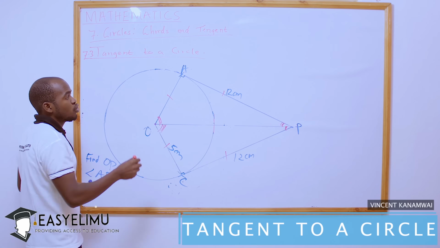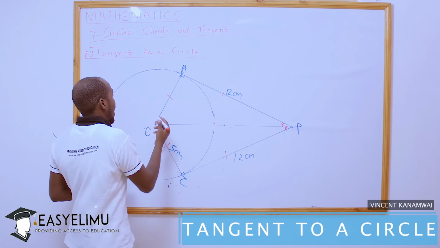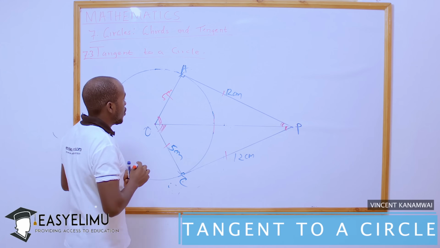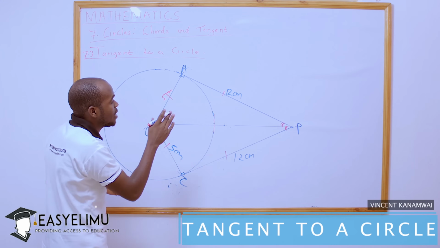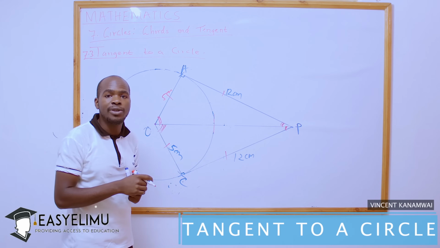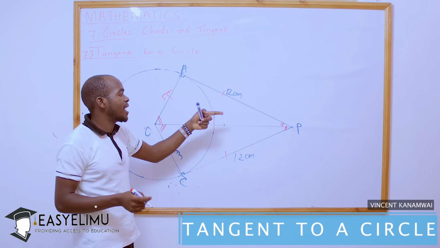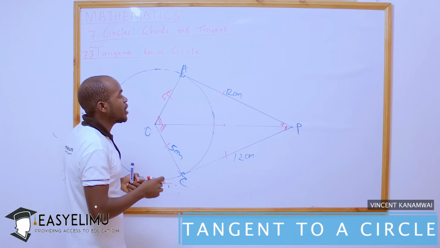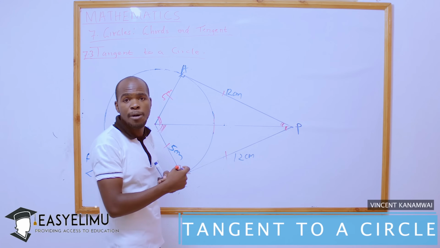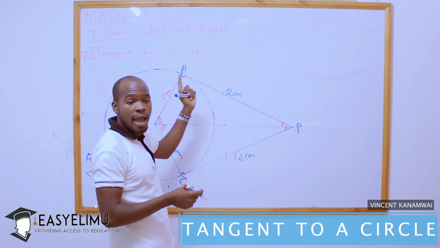Since we have two equal tangents and the radius is 5 centimeters, we can use that radius and the tangent to find the length of OP. We shall take the triangle formed by one of the tangents, for example side AP.